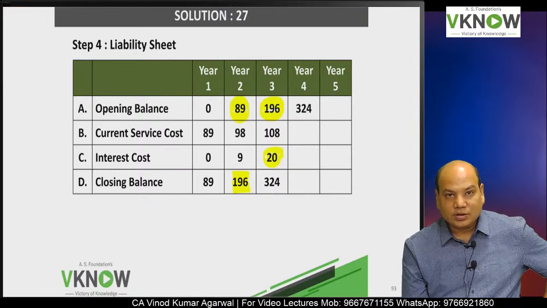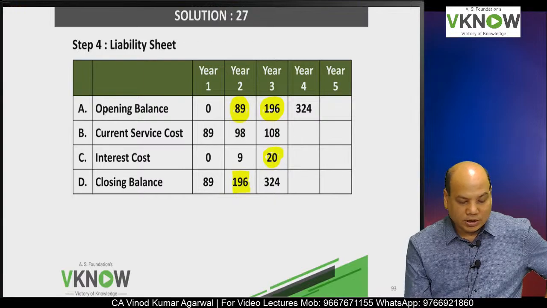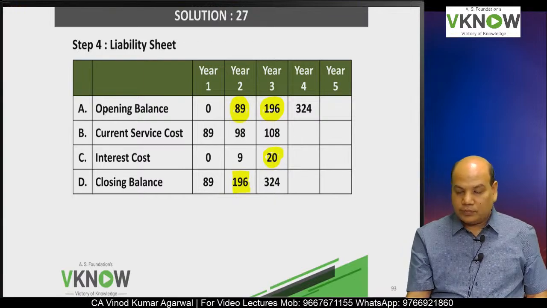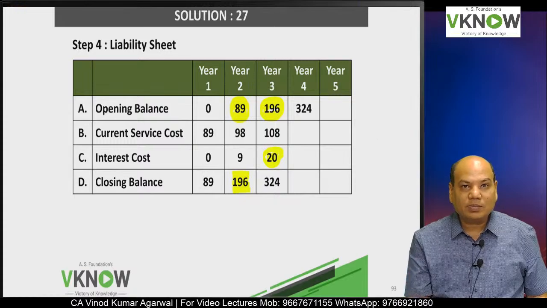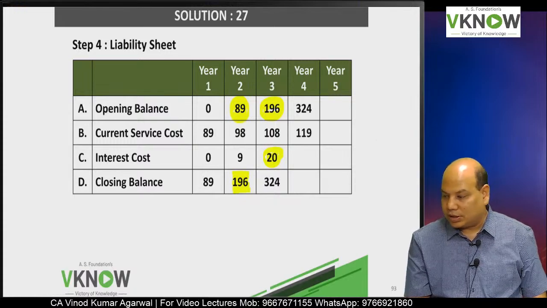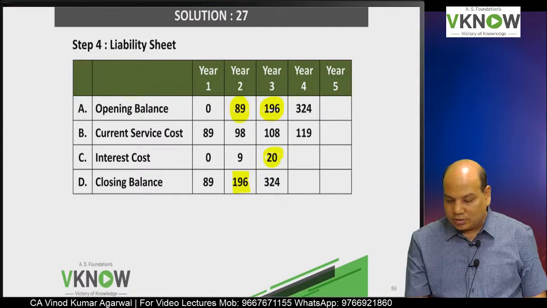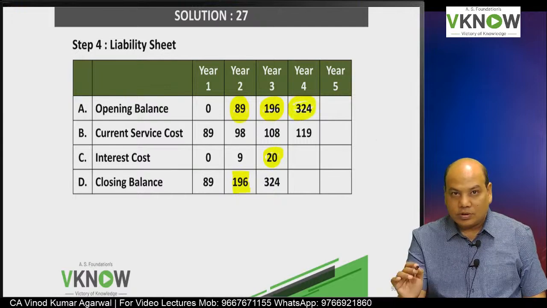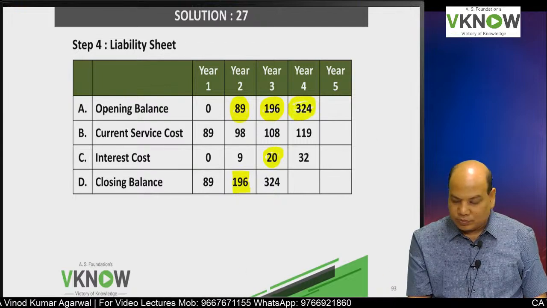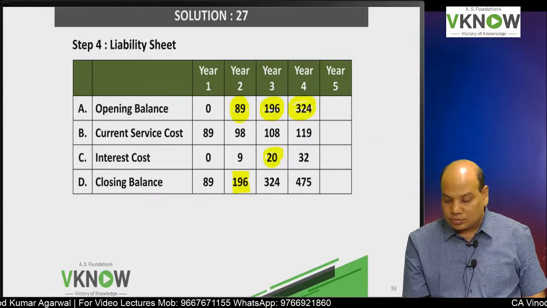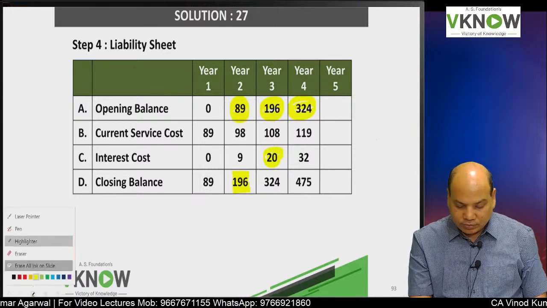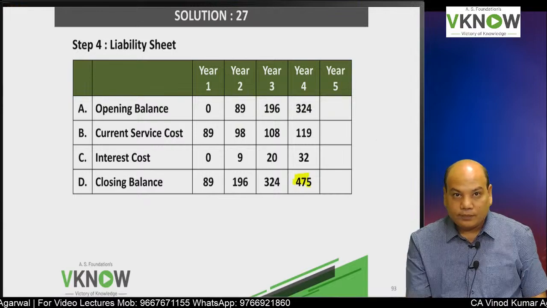Opening balance next year. Fourth year current service cost was how much? Fourth year current service cost, refer the above table, 119. 119 on 324, 10% interest, round off 32, and therefore closing balance is 475.